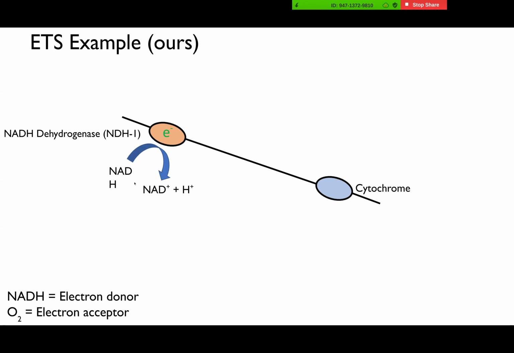Ultimately, NADH transfers an electron, so it becomes oxidized, reducing NADH dehydrogenase by donating that electron, and the NADH becomes NAD plus a hydrogen ion.